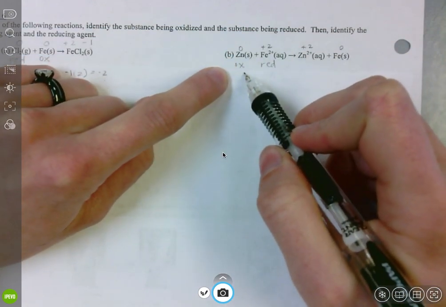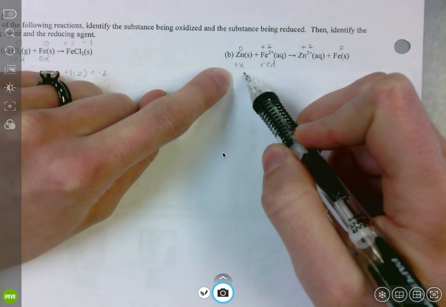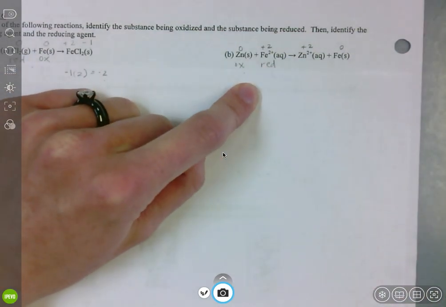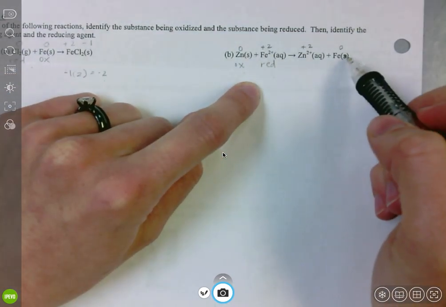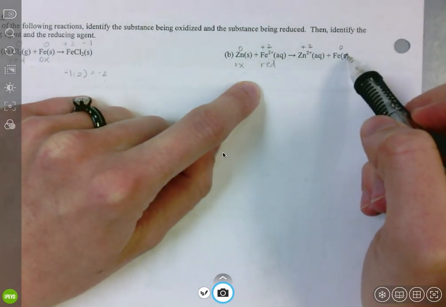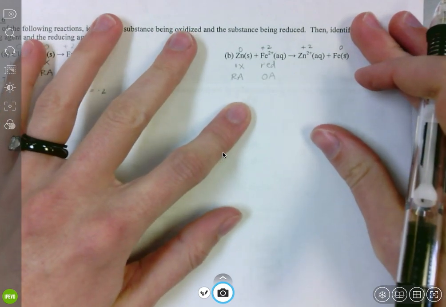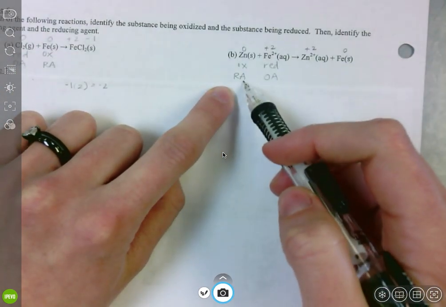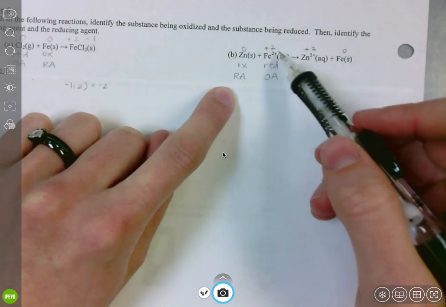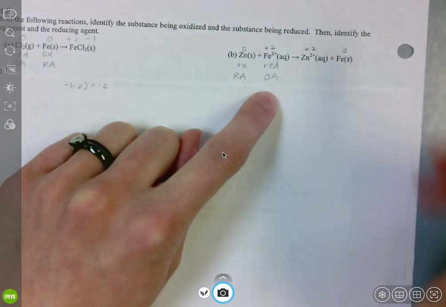So Leo the lion says grr, oxidation is losing electrons. And for our iron, we are gaining electrons, going from a positive to a neutral charge, so it's being reduced. Likewise, our zinc is our reducing agent, and iron +2 is our oxidizing agent.